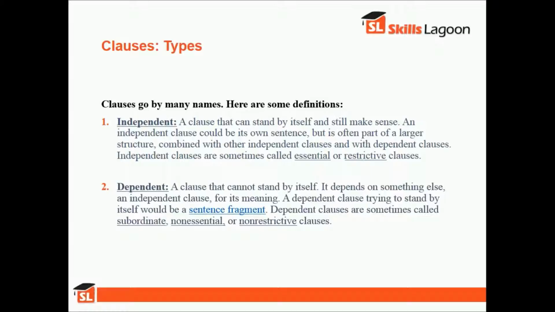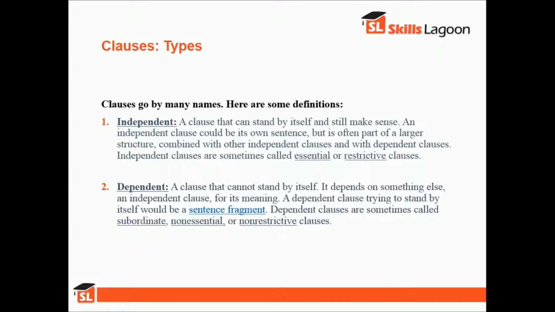An independent clause, on the other hand, is a complete sentence in itself, but may be a part of a larger structure which might contain other independent clauses and or dependent clauses.